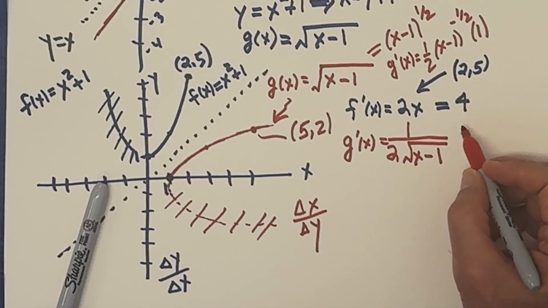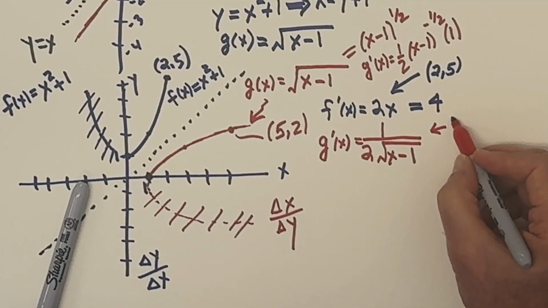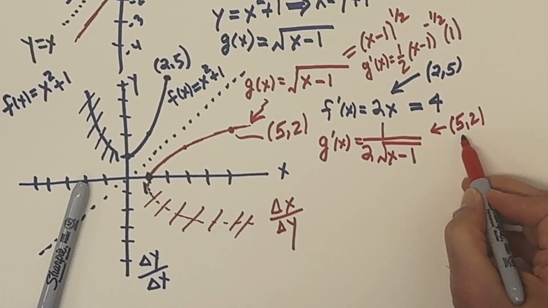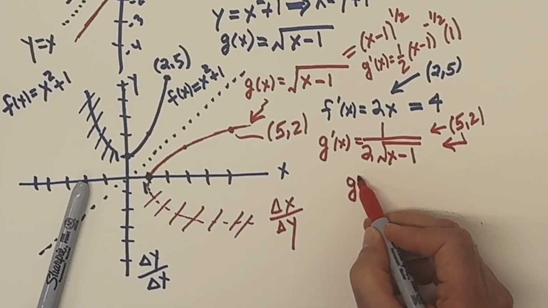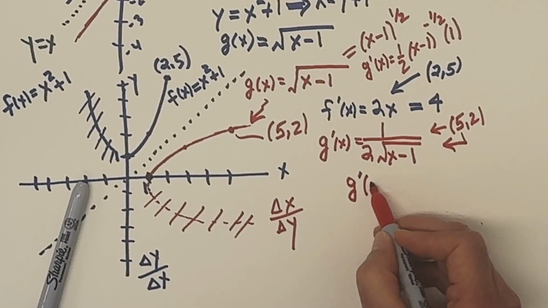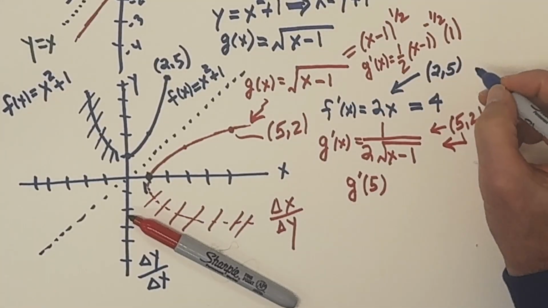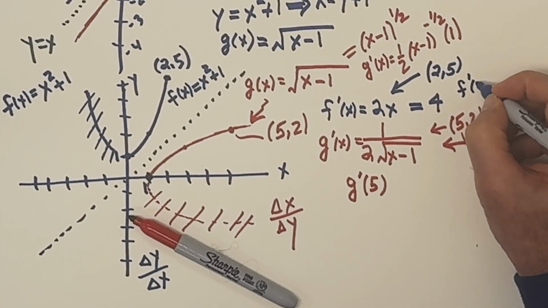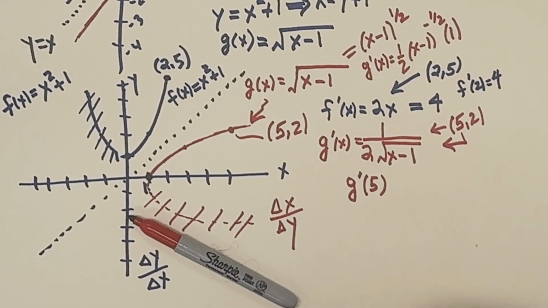So here, for the conjugate point, so to speak, I will be looking at 5 and 2, that's the point, but I'm interested in plugging in the 5 there. Just to emphasize, the previous one was plugging in the 2 to get the 4.